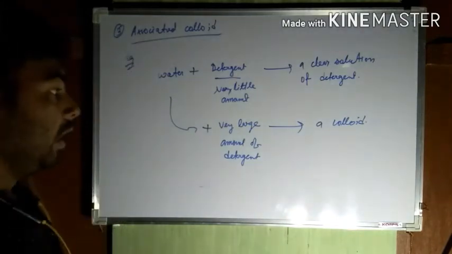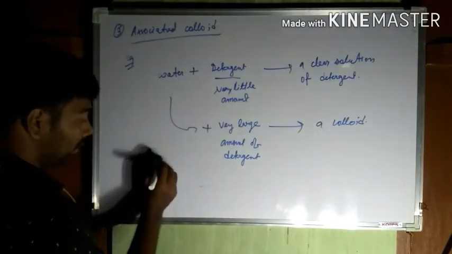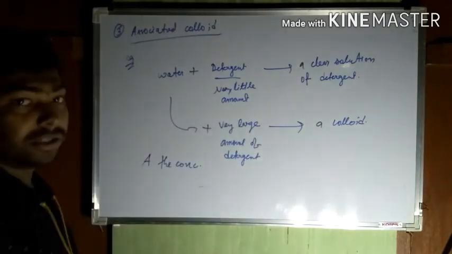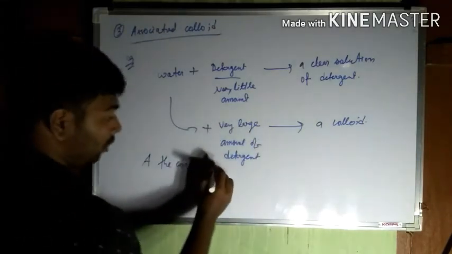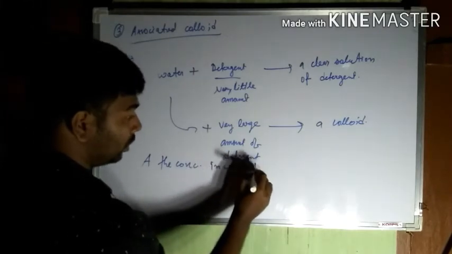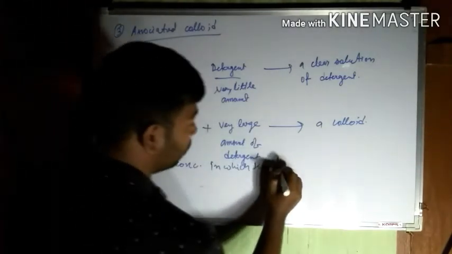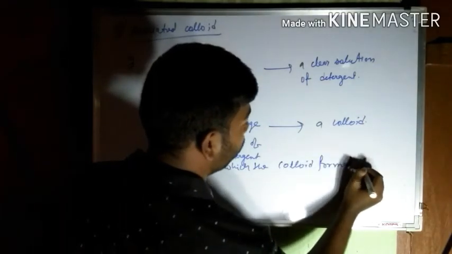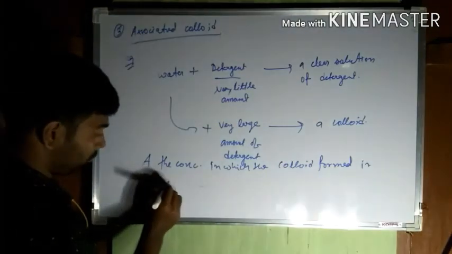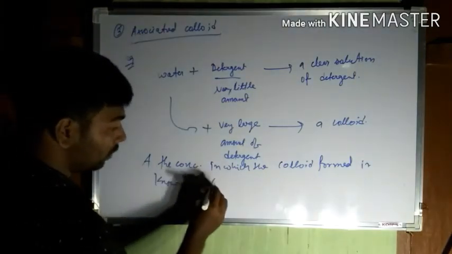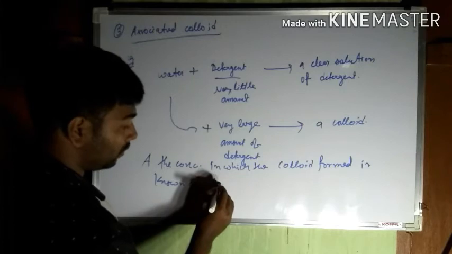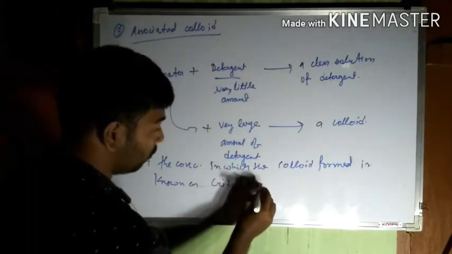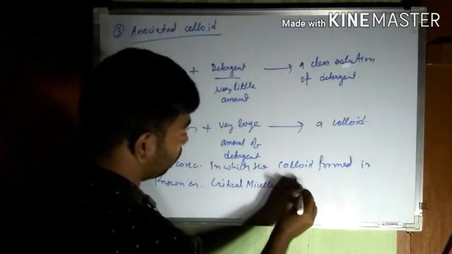Now, the concentration of the detergent at which the colloid forms is known as the critical micelle concentration.